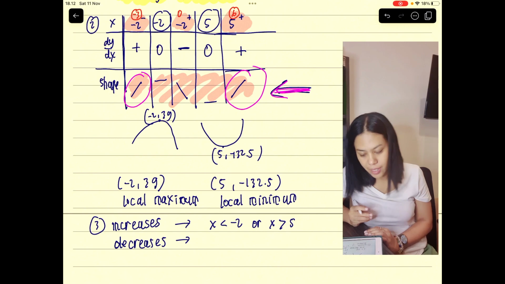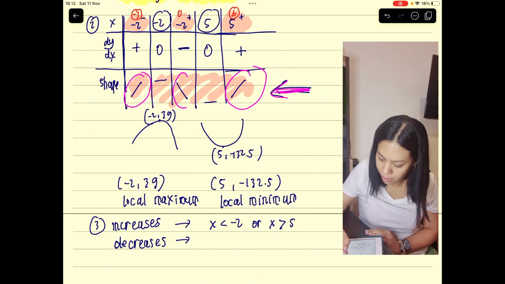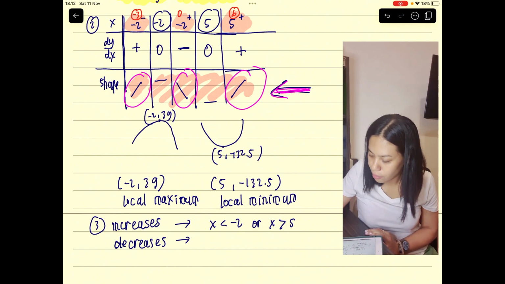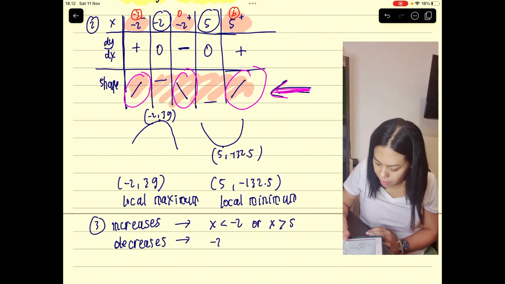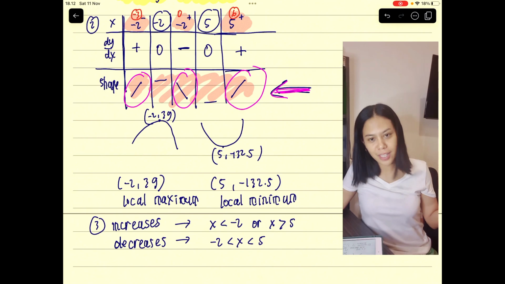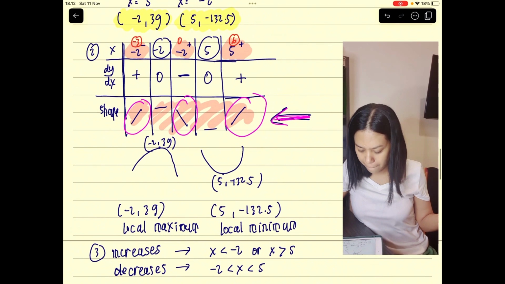And when does it decrease? People have a look, here I'm circling. It decreases between -2 and 5, so it's -2 < x < 5. So we got the answer for all of our 3 assignments.